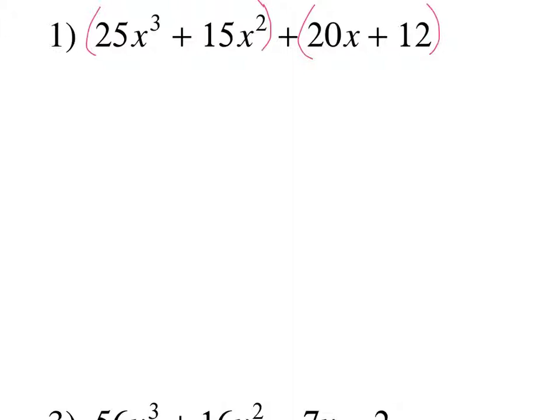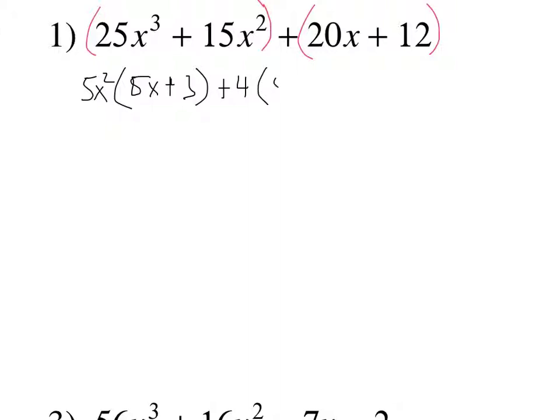And take the second 2 and group those together. Looking at just the first group, what can we factor out? 5x squared. What's left behind? 5x plus 3. Second group, what can we factor out? 4.